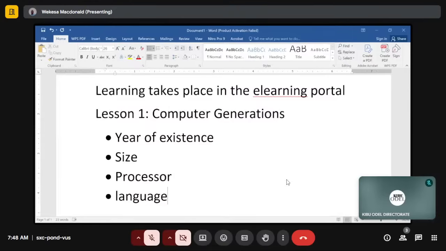So the first generation were running on machine language, and someone can ask you what a machine language is.